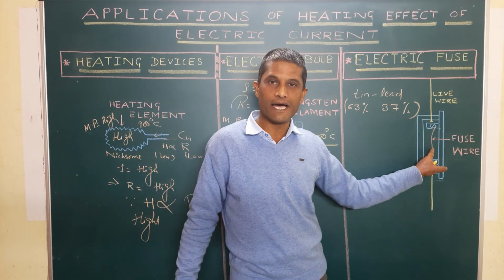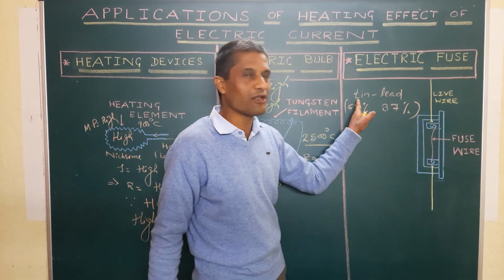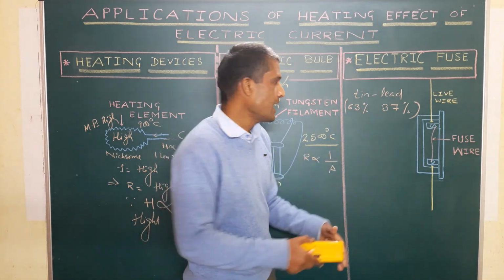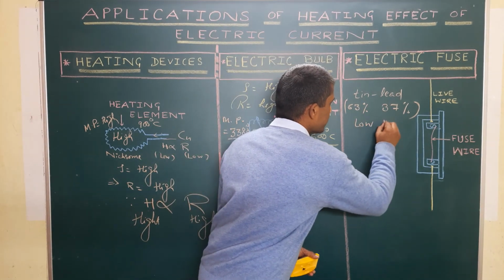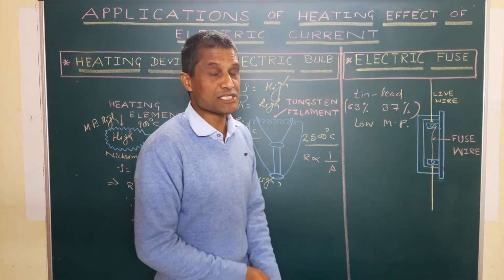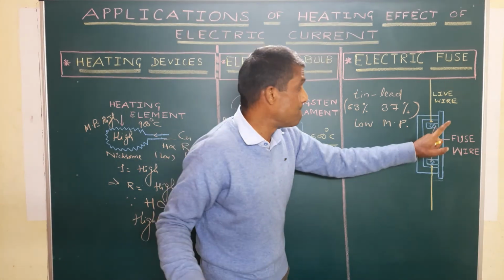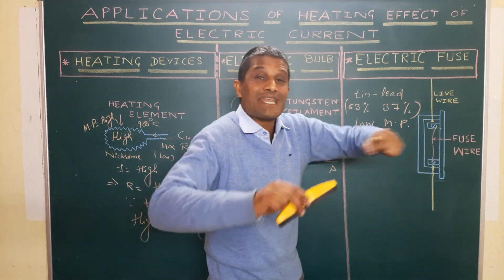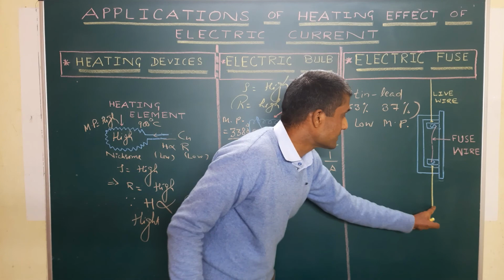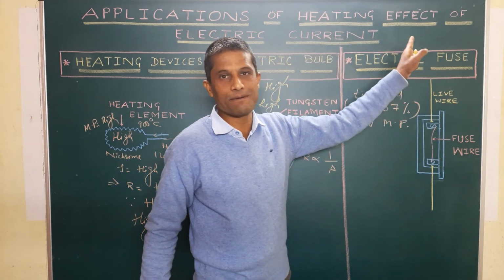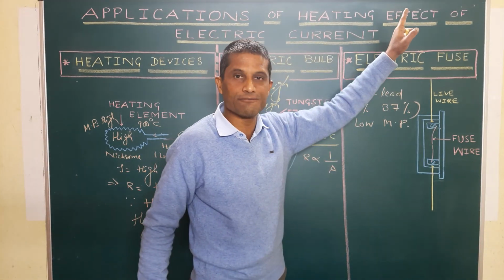It is a thin wire made of a special kind of alloy, that is tin lead alloy, having a low melting point, which melts and breaks when the current exceeds the safe limit.